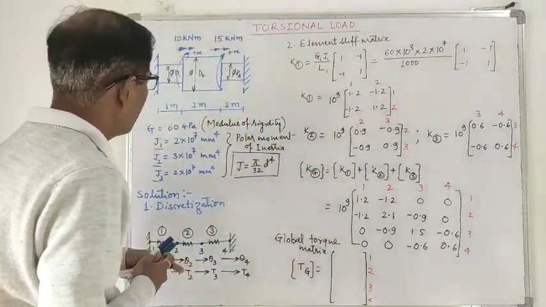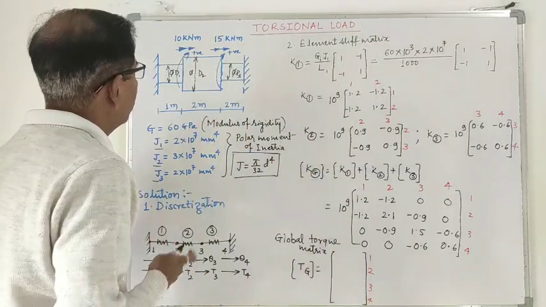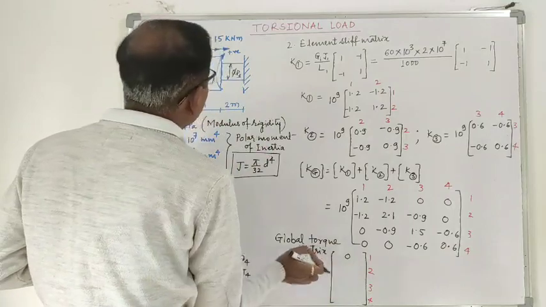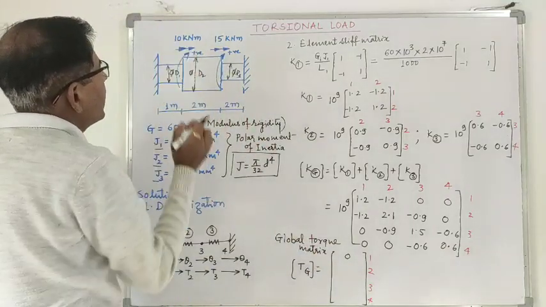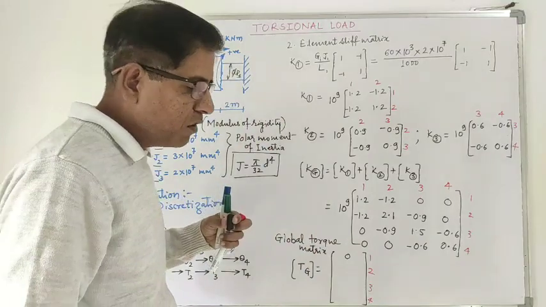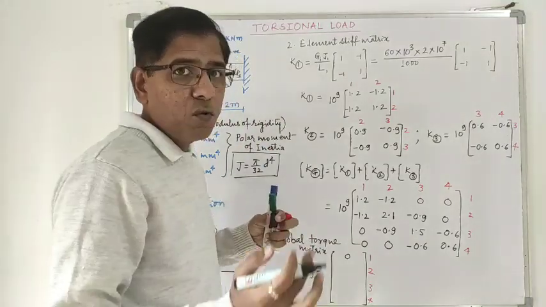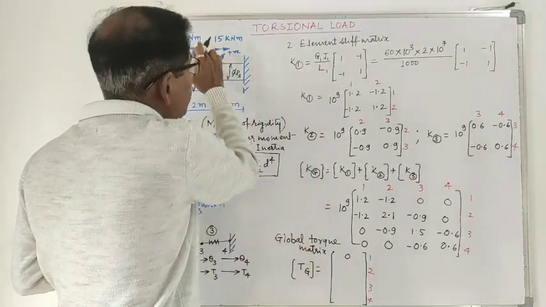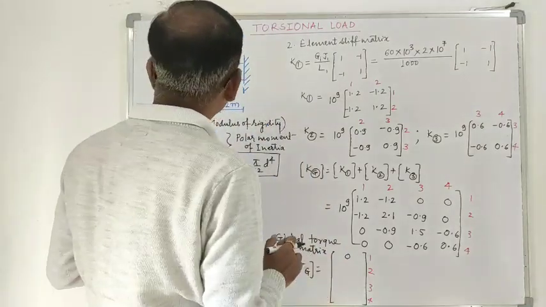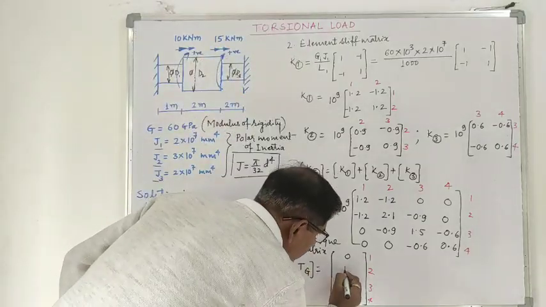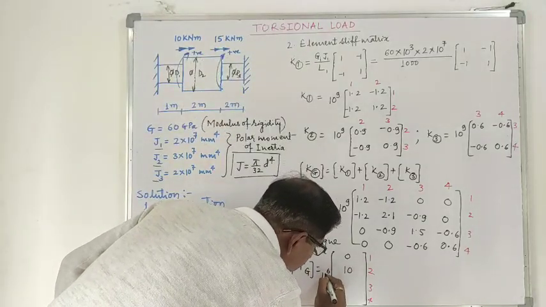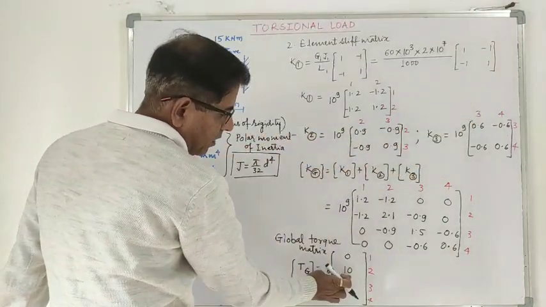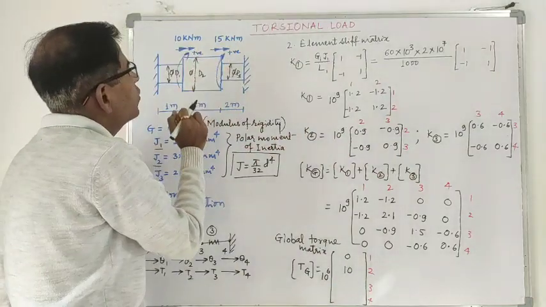Now the torques are given as: at node number 1 there is no torque, 0. At node number 2 there is 10 kilonewton meter, in the positive direction. If you convert kilonewton to newton and meter to mm, then it becomes 10 to the power 6 outside the bracket, and at node number 2 there is a positive torque.